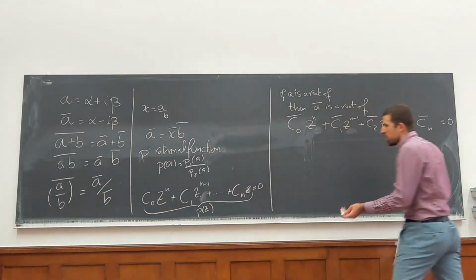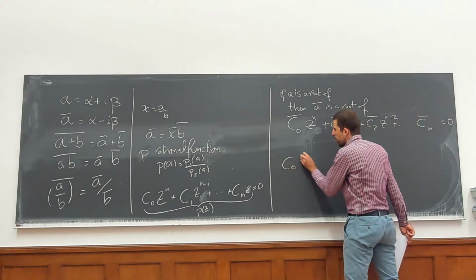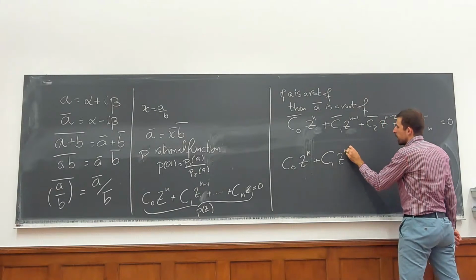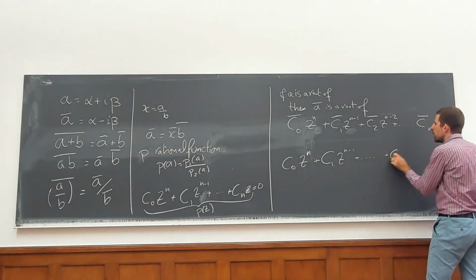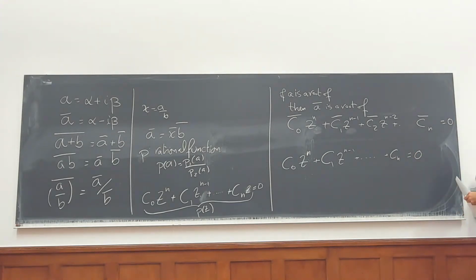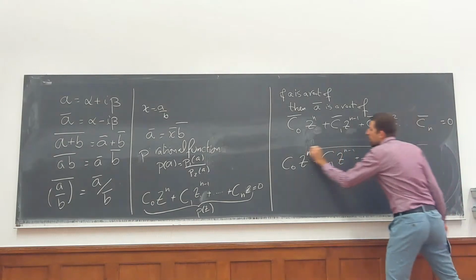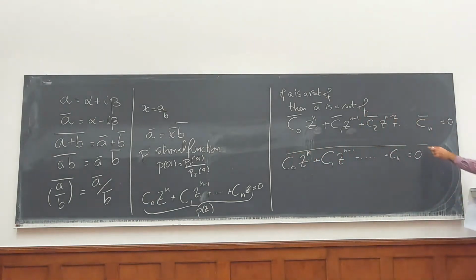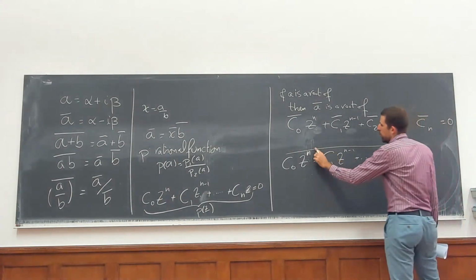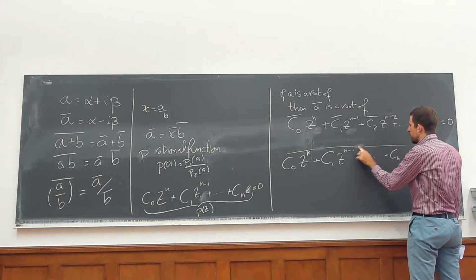To see this is of course easy. You just take this equal to 0, and now you conjugate it. This is still 0, so I can delete here. Now the conjugate becomes the conjugate of each thing in the sum.